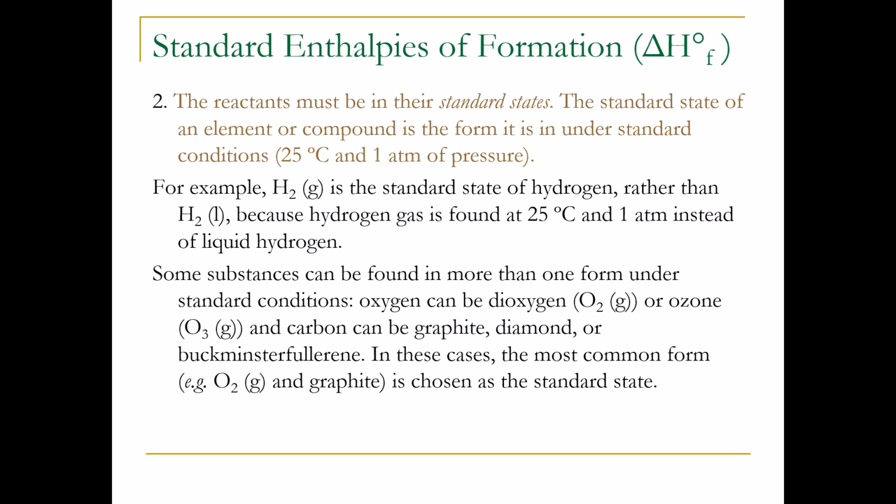Both of those exist under standard state conditions. O2 is used because O2 is the most common. Carbon also has multiple forms. We have graphite, we have diamond, Buckminster fullerene. All of those would exist under standard state conditions. We use carbon as graphite because it is the most common.